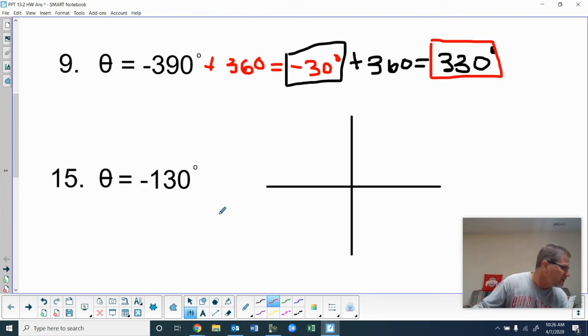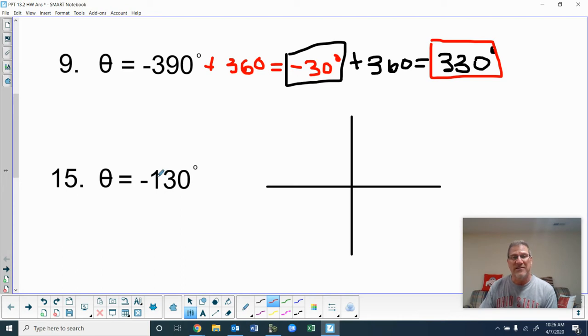Number 15 here says, find the measure of the reference angle for each given angle. And remember, a reference angle is always between the x-axis and the terminal side, wherever it is. But it's always a positive answer. No matter what theta is, our original angle, our reference angle is always going to be positive.